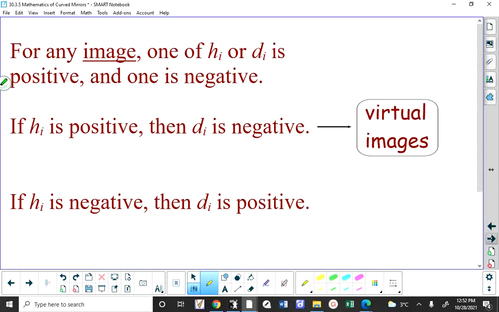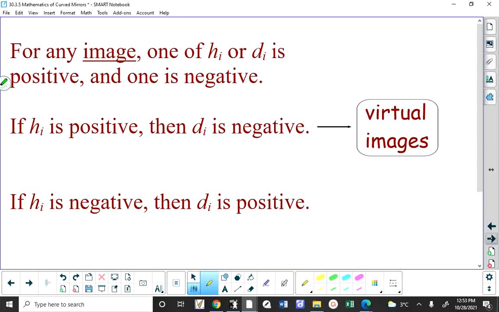So when I wanted to figure out for a virtual image, let's just say, whether DI was positive or negative, what went through my head is, a virtual image has a positive height, so DI must be negative. Catch my drift there? I mean, if you can just memorize all of this, that's fine, but I'm giving you some tips here.